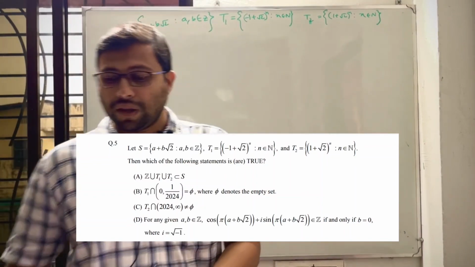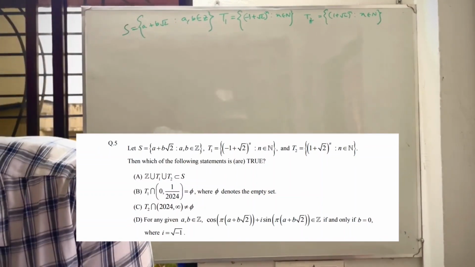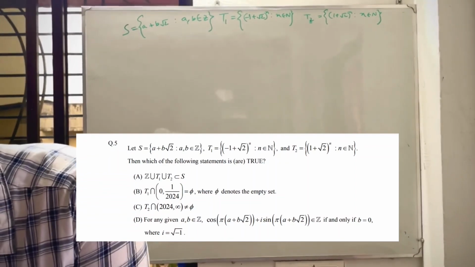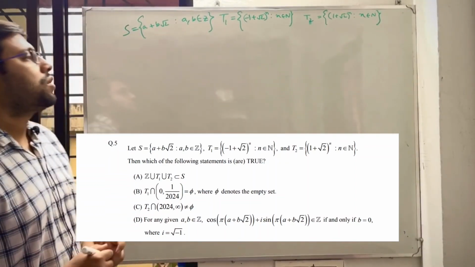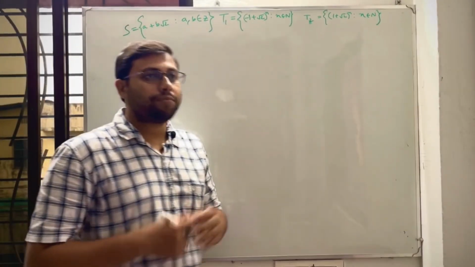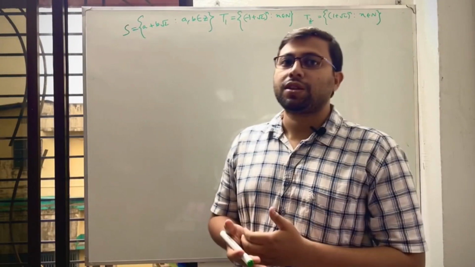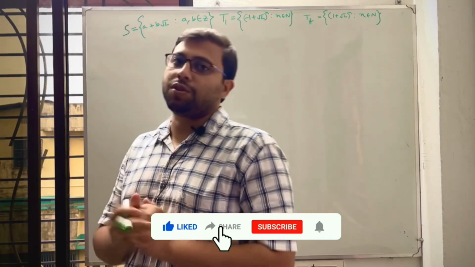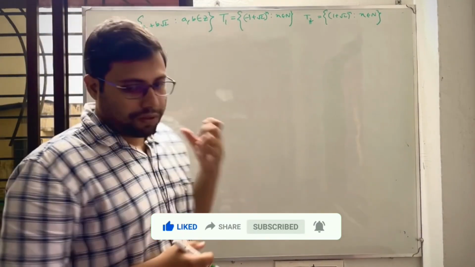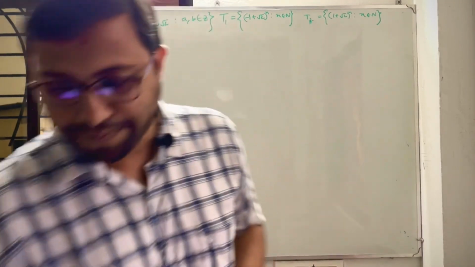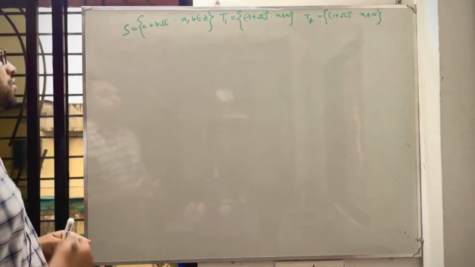So actually this is a problem not only of set theory. To solve this problem, we have to understand some properties of sequences and some properties of convergence of sequences. Okay, so to solve this problem, first look at what S is.